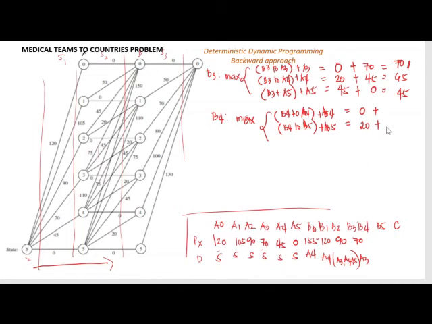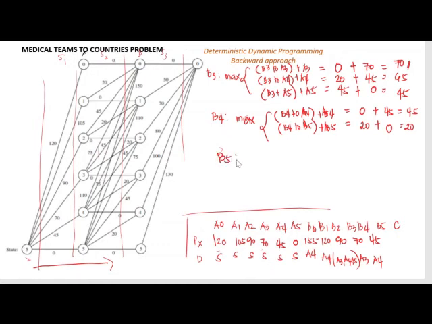A4, 45, and A5, 0. Okay, 20 and 45. So the maximum is 45. Okay, let's place it here. 45 coming from A4. Okay, so we're now at our last.